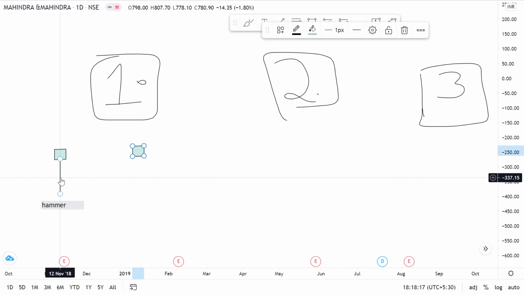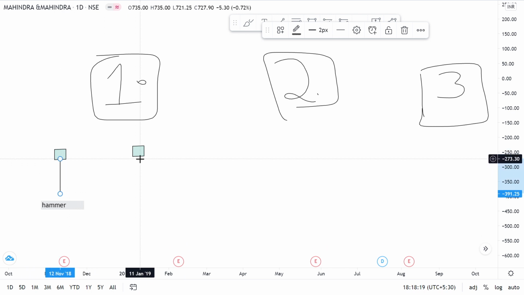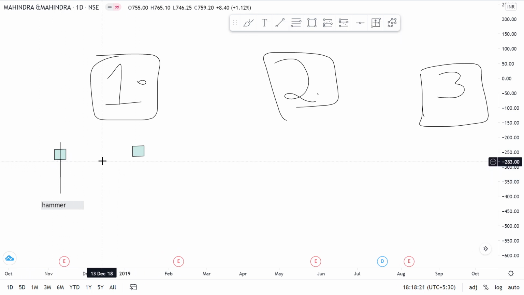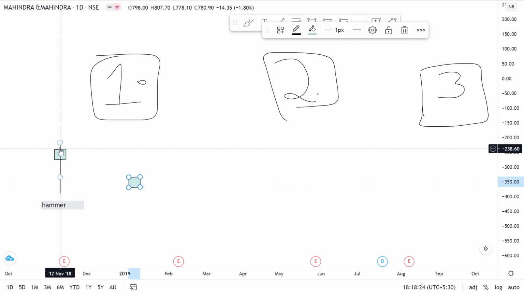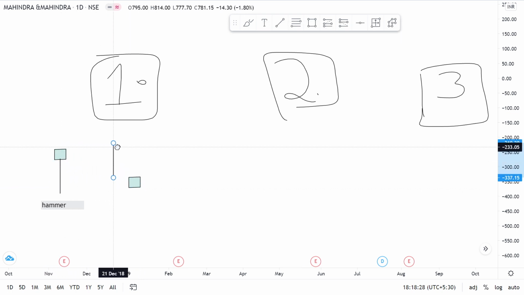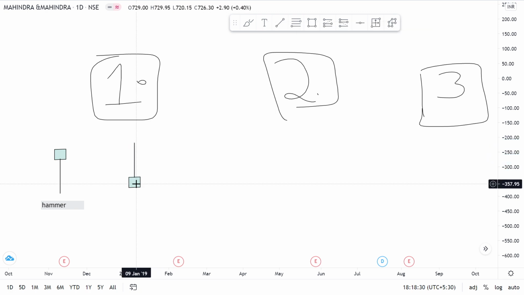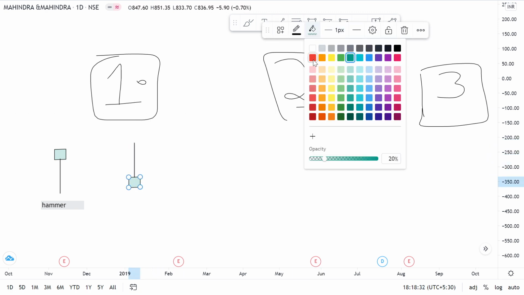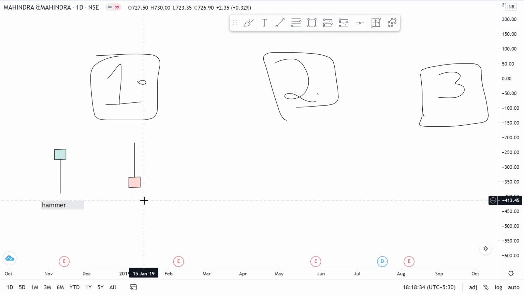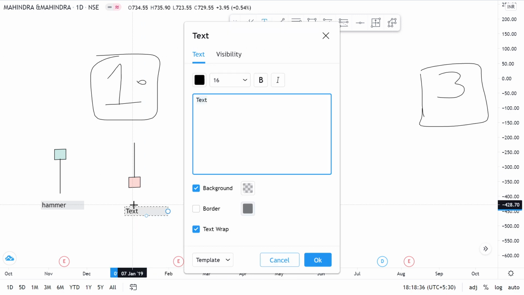A shooting star also looks very similar to the hammer, but the only difference is this is what it looks like, and in most cases it has a red body. So this is called a shooting star.